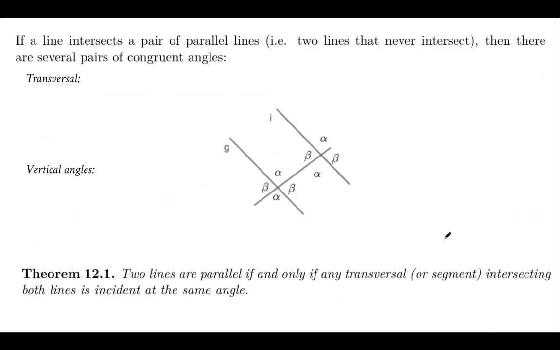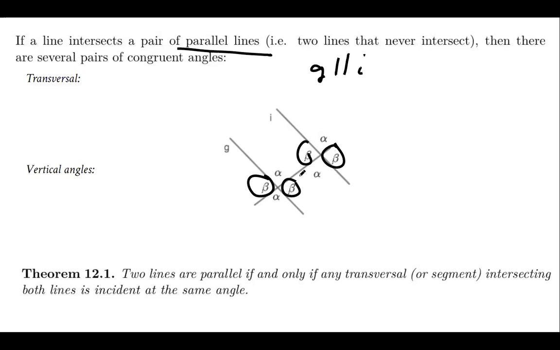So just some review of some geometry terms. If a line intersects a pair of parallel lines, so parallel lines are two lines that never intersect, like G and I here, then there are several pairs of congruent angles. Beta, beta, beta, beta.